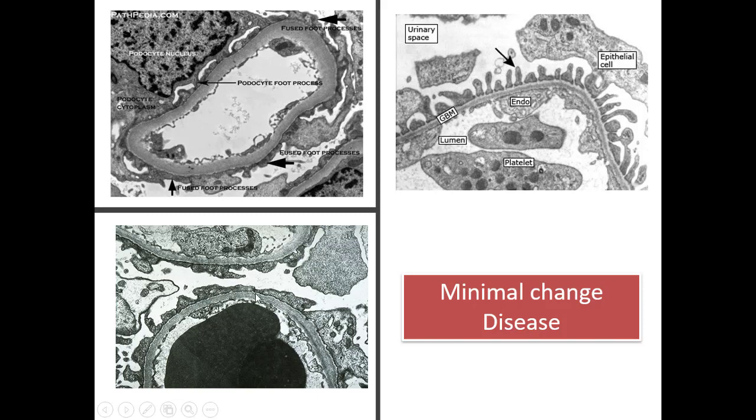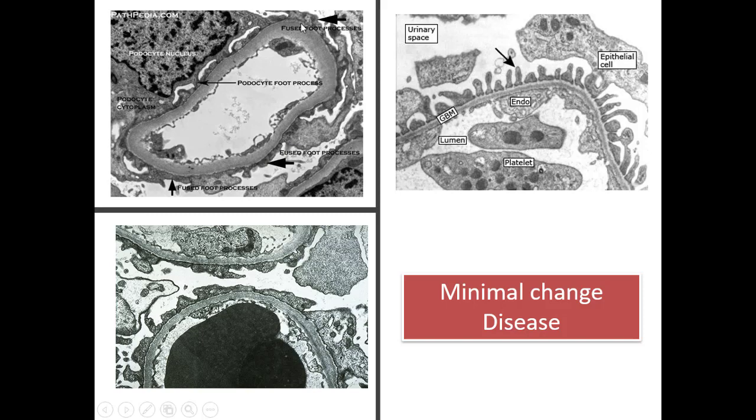We don't have a normal structure of the GBM, so in minimal change the main problem is that the patient presents with proteinuria. Proteinuria may be even nephrotic range proteinuria. Why? Because this manner of GBM will make the filtration barrier miss a lot of protein, and this is again fused foot processes, unhealthy foot processes.